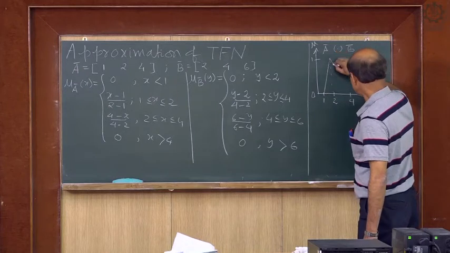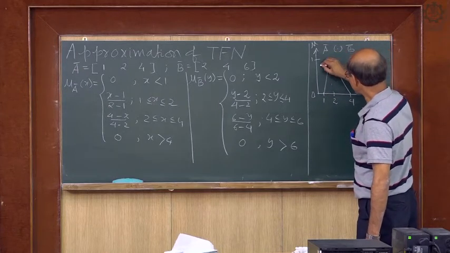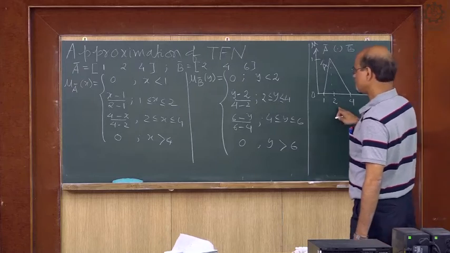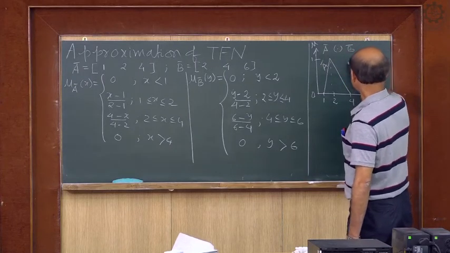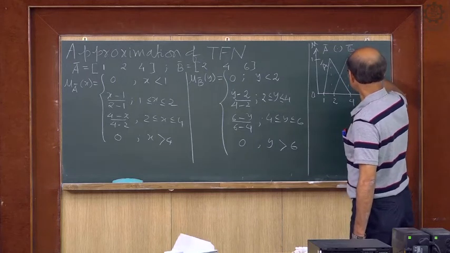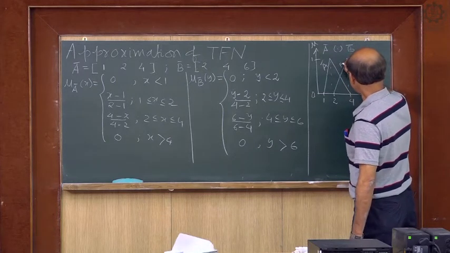I have the triangular fuzzy number A bar as this, and 2, 4, 6. Suppose this is 6 and at 4 it is 1. So, I have this as B bar.